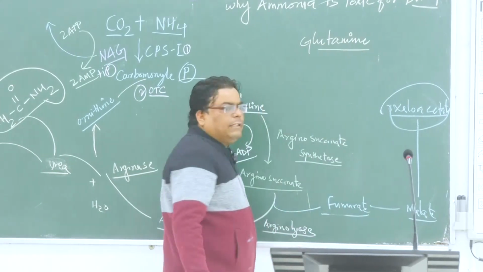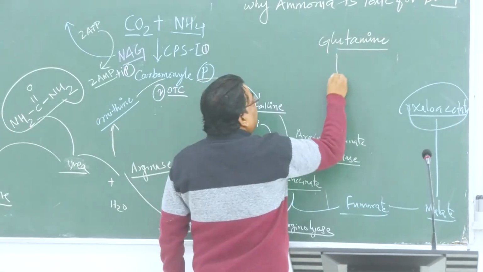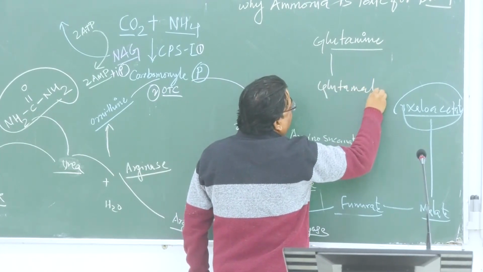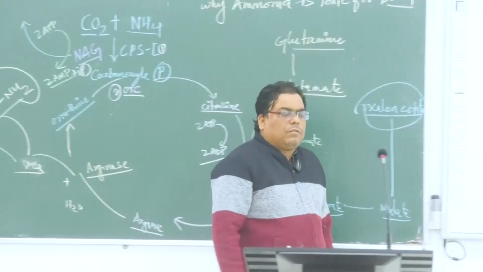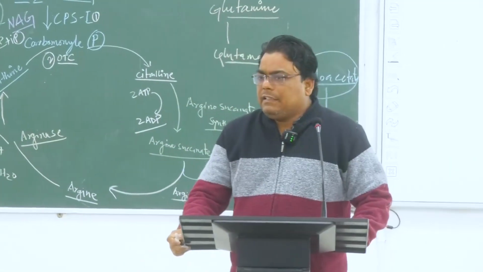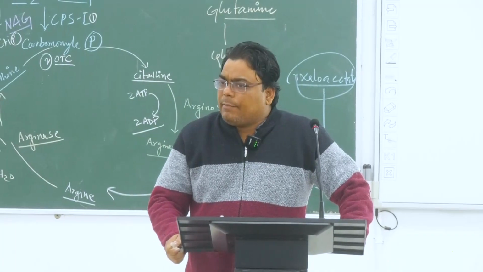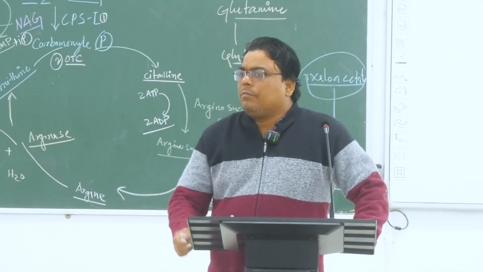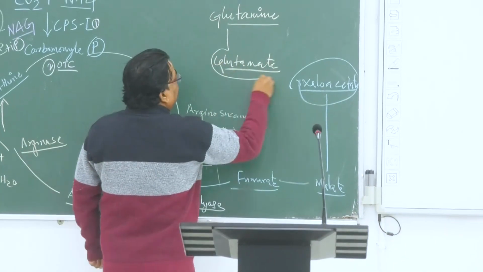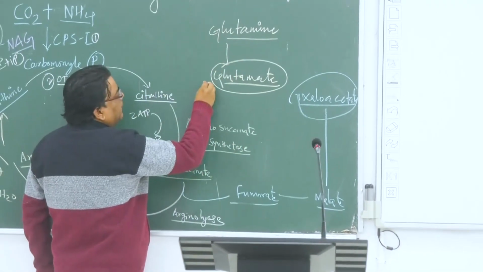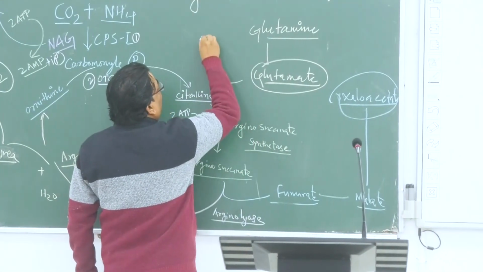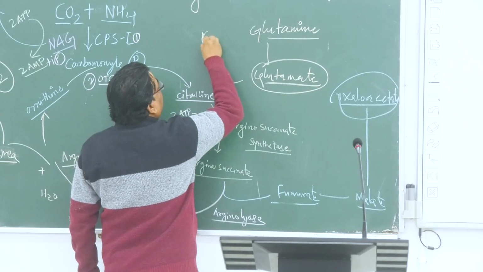And how is this glutamine formed? From glutamate. Do you know the reaction of oxidative deamination? There is removal of ammonia from glutamate. And this glutamate is formed by the transamination reaction, which is the transfer of ammonia by oxaloacetate.